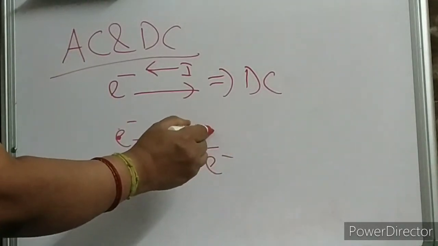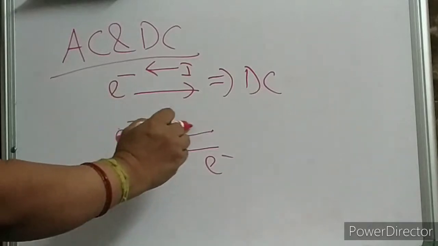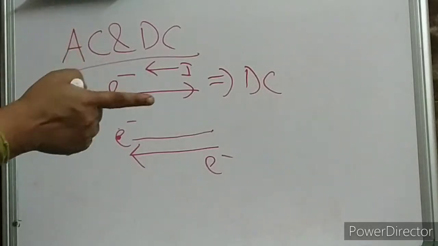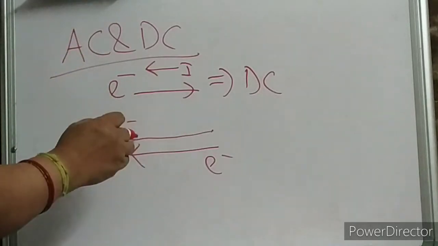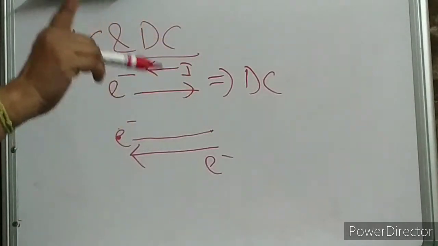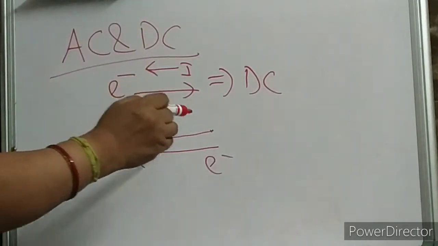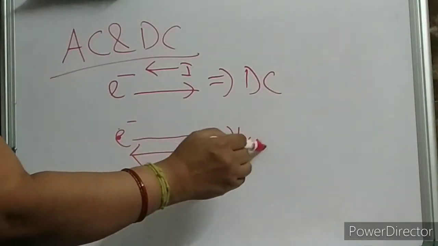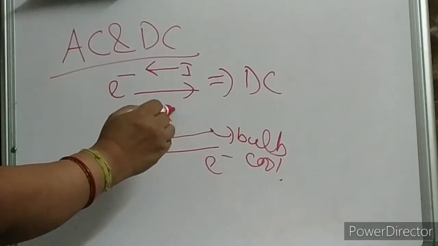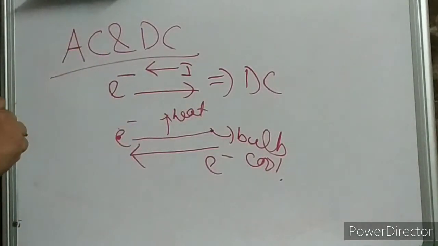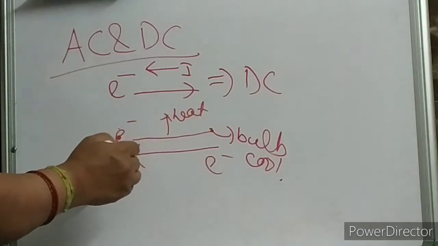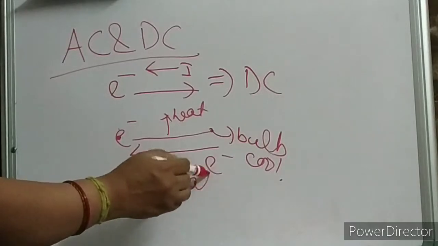So when the electron is moving, that means current flow is there. When current flows, we know heating will be there, so your bulb or tube light gets heated up. When it stops, that means no current flow, and no current flow means no heating, so the bulb will cool down. The bulb heats up, then cools, the current becomes 0, then again reverses and heats up again.